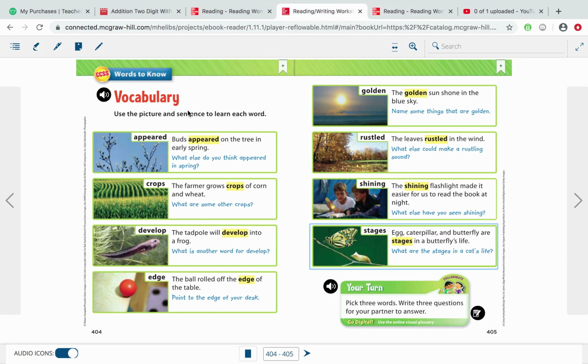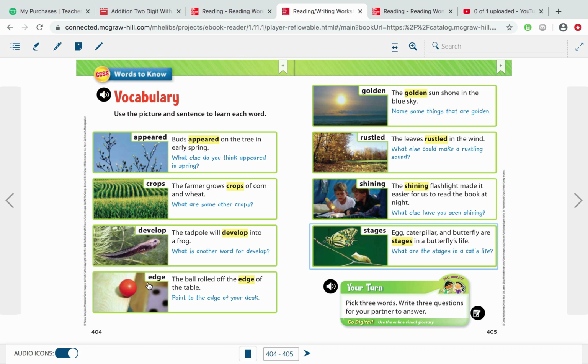All right, friends, so I'm going to have you repeat after me all of these vocabulary words. Number 1 here is appeared. Repeat. Nice job. And here's crops. Repeat crops. Fantastic. Here's your third word, and it's develop. Develop has 3 vowel sounds, so there's 3 syllables here. Please repeat develop. Awesome.